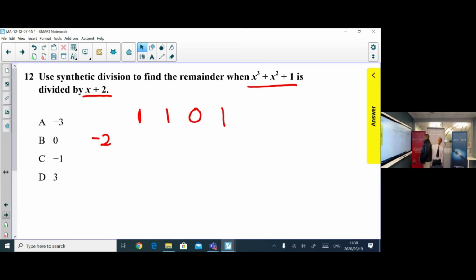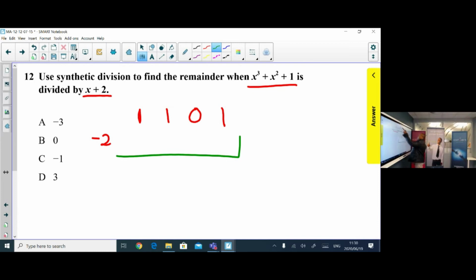So if you remember your stuff, let's see what you might have started to do. You are expected to have said 1 comes down directly here.